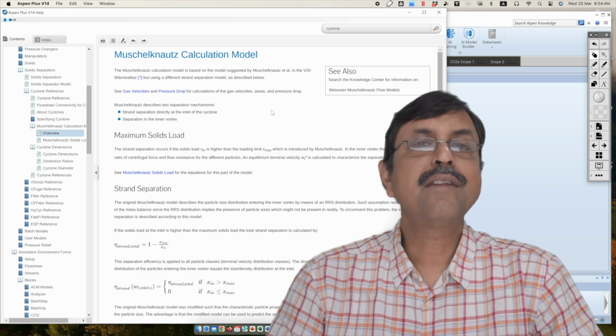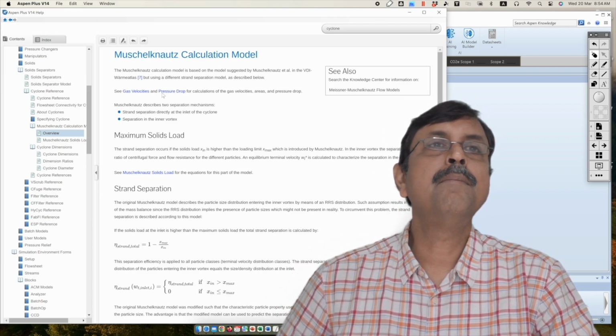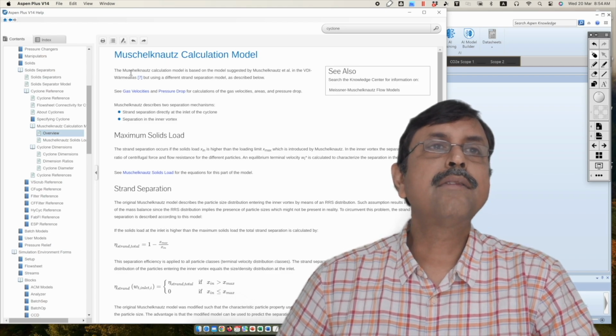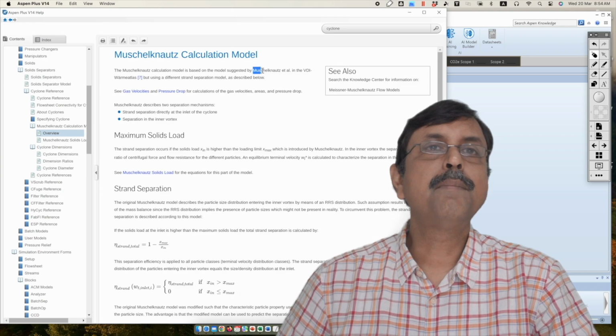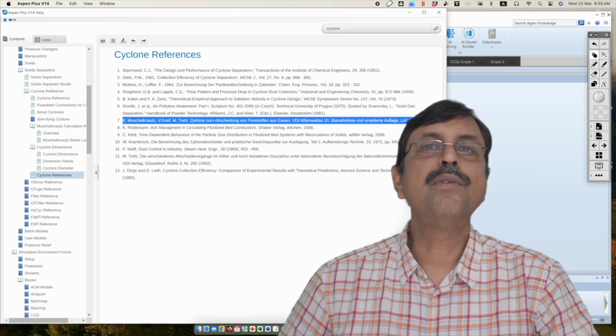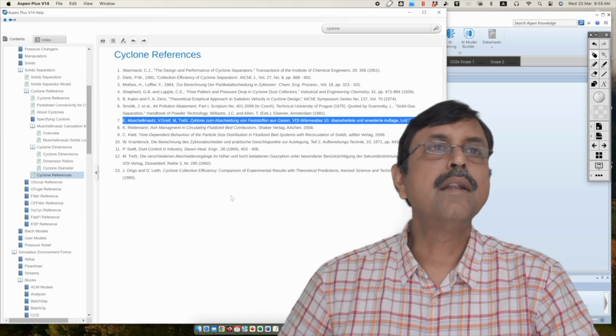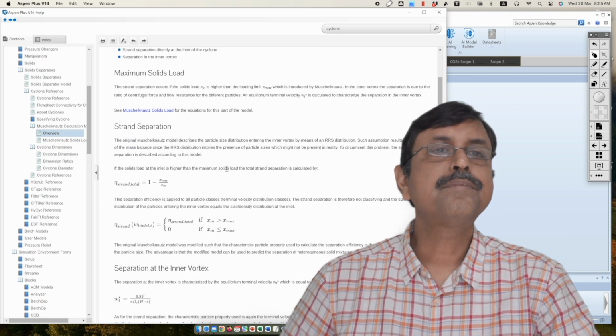So that efficiency curve we want Aspen to calculate based on some model called Muschel-Knauss calculation model. Based on this particular paper, if you want, you can refer to this paper. This is the German paper that you have to refer to if you understand German. Otherwise, the model has been given over here.